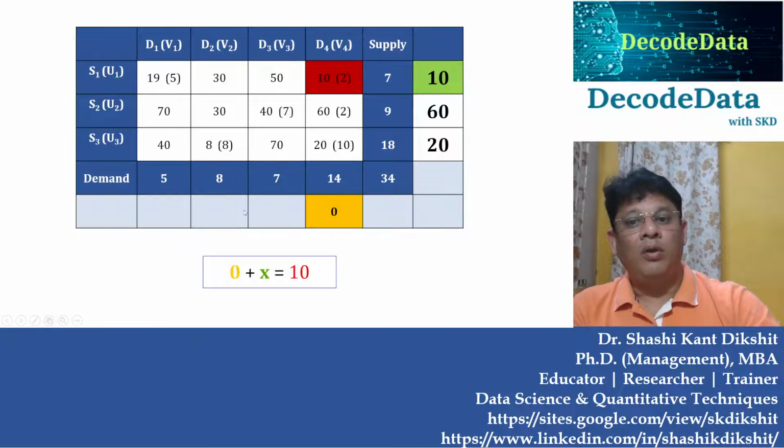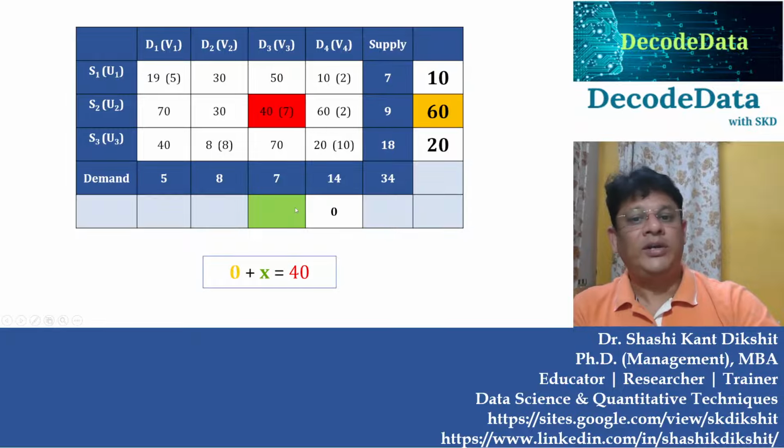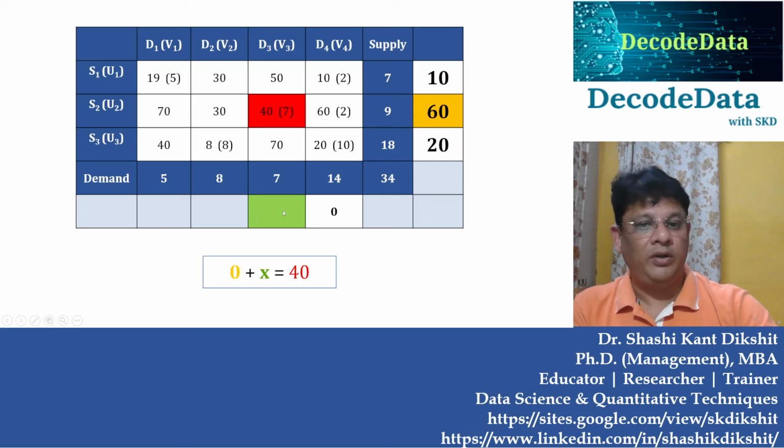Now let's say the value of v3, because this column is allocated, the corresponding value of u2 and the corresponding value of v3, right?